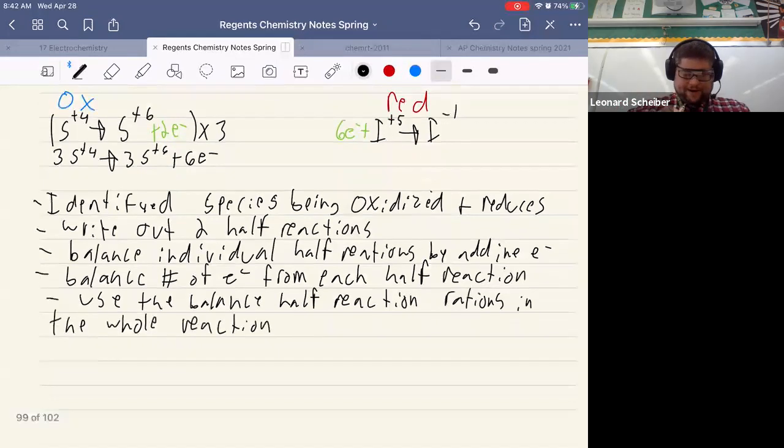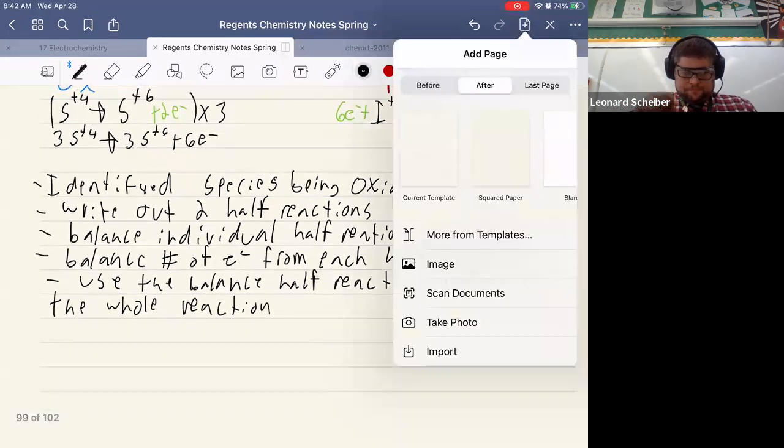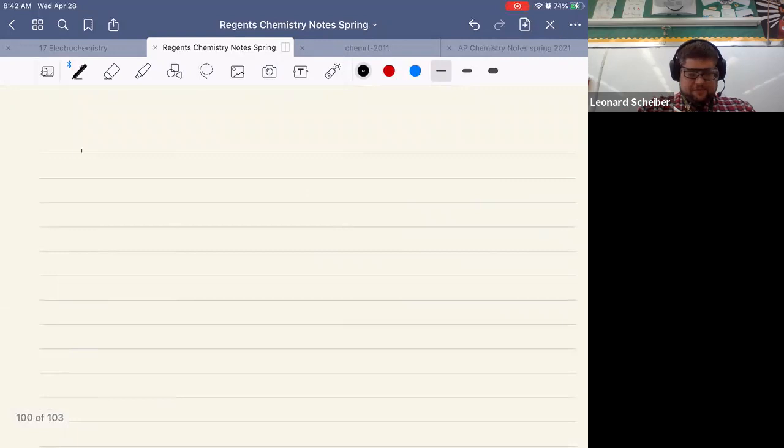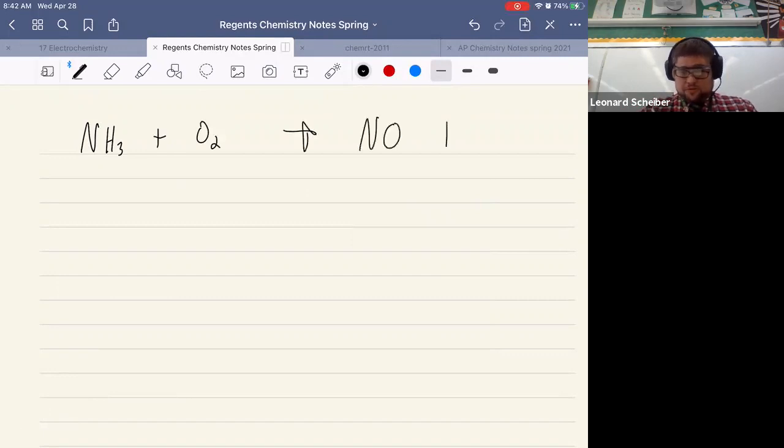Okay. Let's try one more for practice. We will have NH3 plus O2 yielding NO plus H2O.